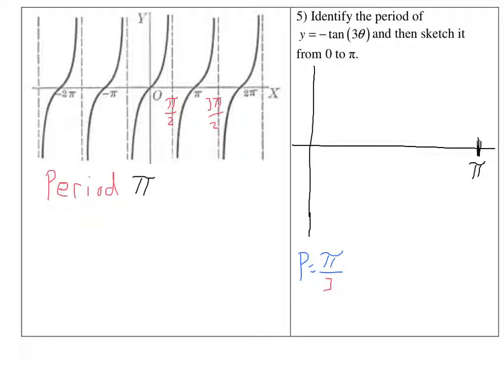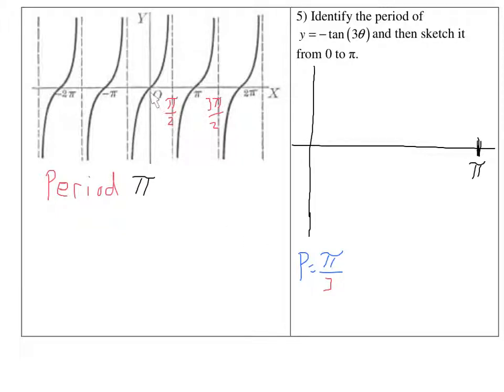So each space between each asymptote, from here to here, is going to be a space of pi over 3, or an interval length of pi over 3. So if my period's pi over 3, my period here is pi.